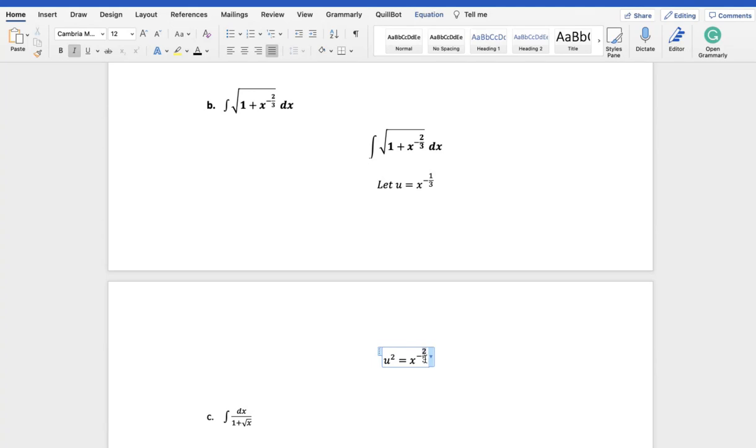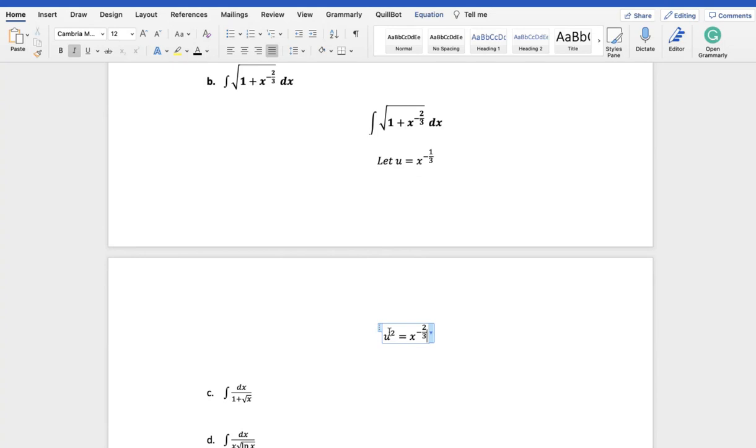So if you have that, then when you solve for du, du will just be the derivative of x to the negative 1 over 3, which is the negative 1 over 3 comes down, right?